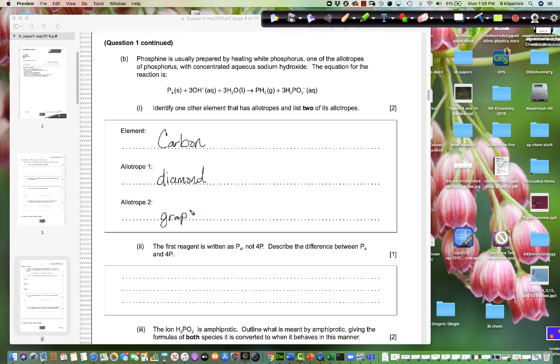So we discussed both of these allotropes. Now, other possible answers, well, you could have said graphene. You could have said fullerene, which I don't think anybody really would have stated. Didn't really talk about it that much, but both of those are acceptable answers.